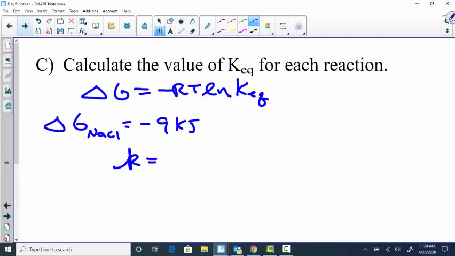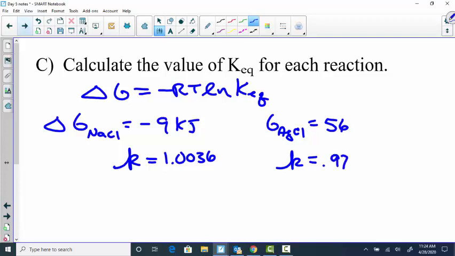So I'm not going to waste your time with that. So, but the K equilibrium constant comes out to be 1.0036 for NaCl. And for the AgCl, which that heat was positive 56, that equilibrium constant comes out to be 0.97. So I got those by just using that equation.